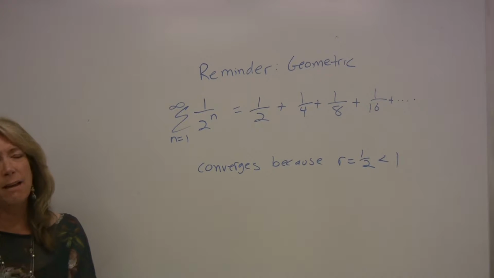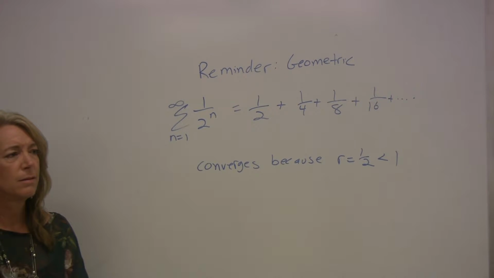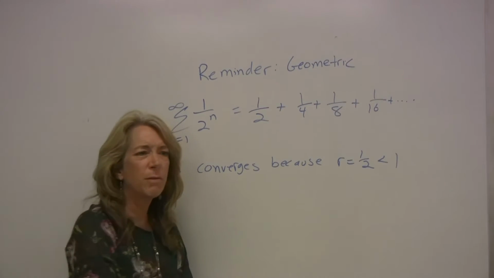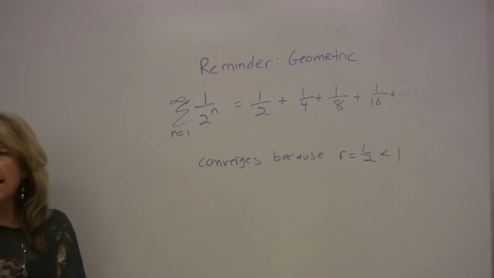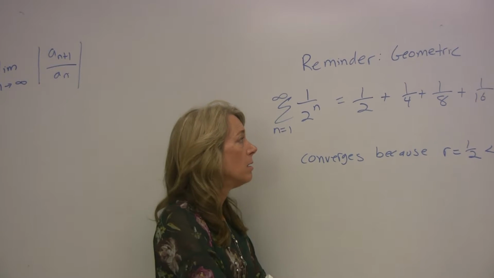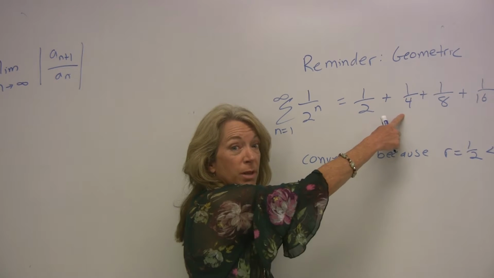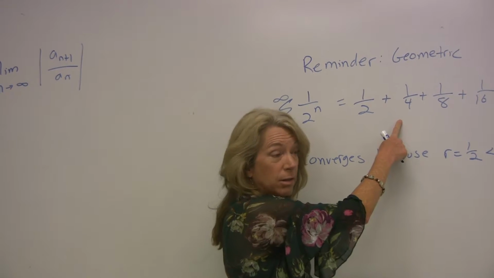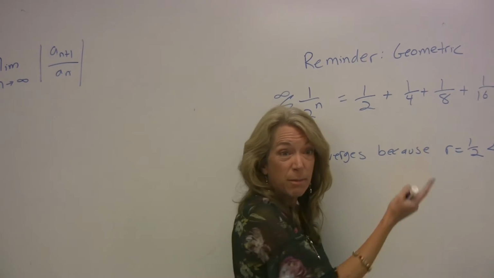But what if I can't recognize that? To get to the next term, I'm multiplying by 1/2. But what if I'm slow, I don't recognize patterns, and I'm trying to see if it's geometric? You can take the 1/4 and divide it by 1/2. I could take some term and divide it by the one before it. Doesn't really matter which one.